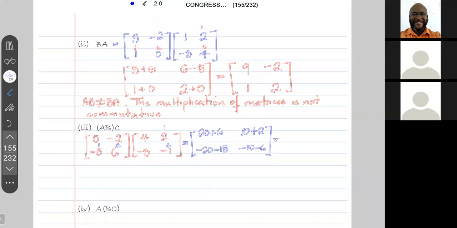And so our final answer is 26, 12, minus 38, and minus 16. That is AB multiplied by C.